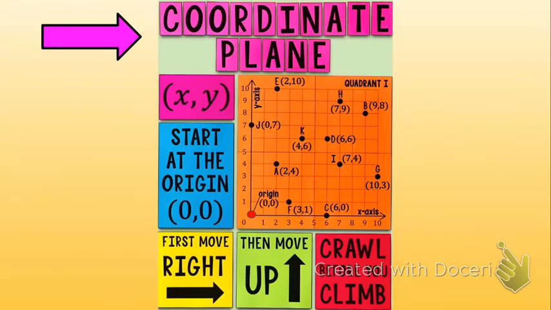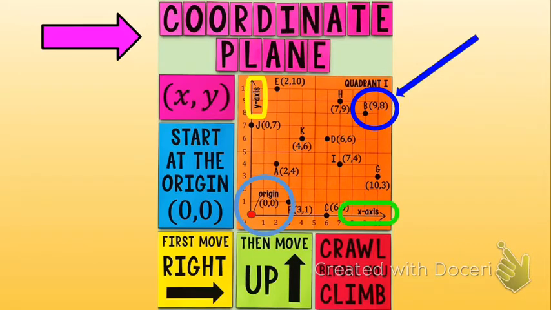All right, so let's take a look at a coordinate plane here and all of these definitions that we just talked about. Starting with our first one, this is a point, right here in the blue. That is 0, 8.